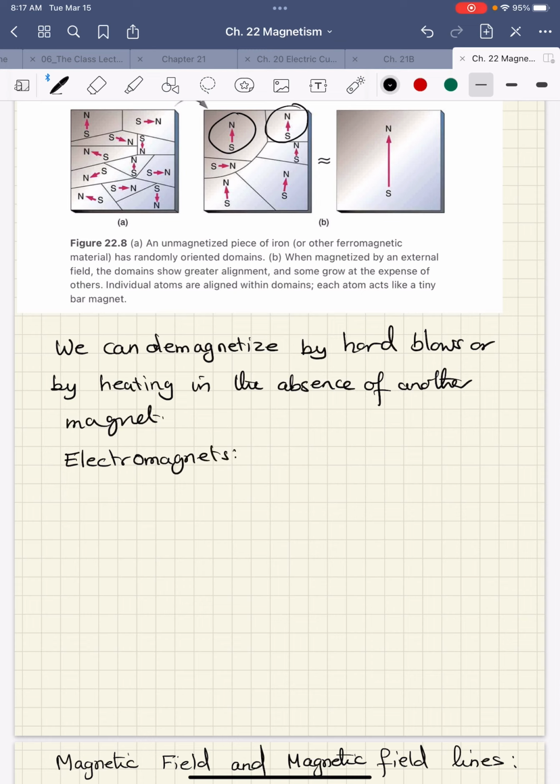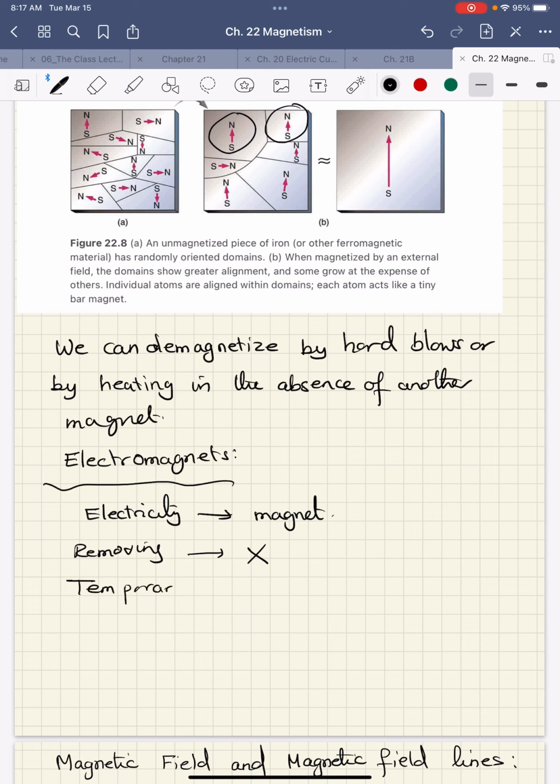Whenever we have electricity, this material is going to be a magnet, and when we remove the electricity, it is not really a magnet anymore. We call these temporarily induced magnets.